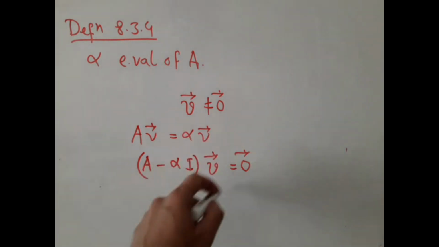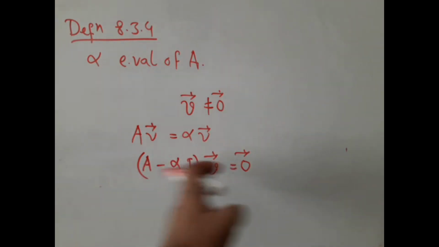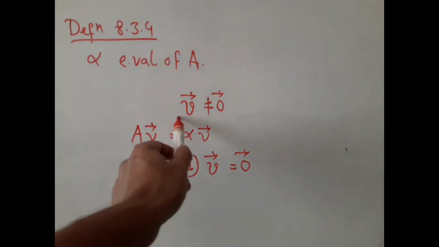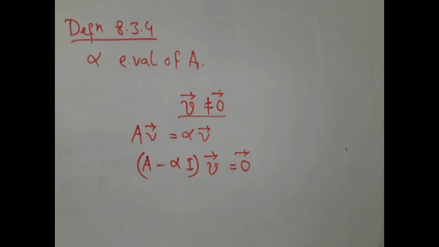So if I consider the set of all such v's, that clearly forms the null space of A minus alpha I, except that not everything in the null space counts as an eigenvector, because we also have this non-zero restriction.